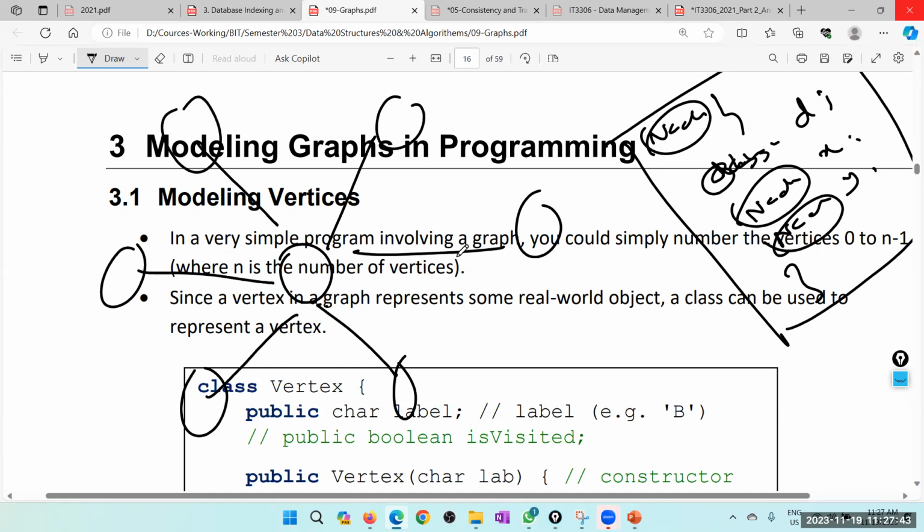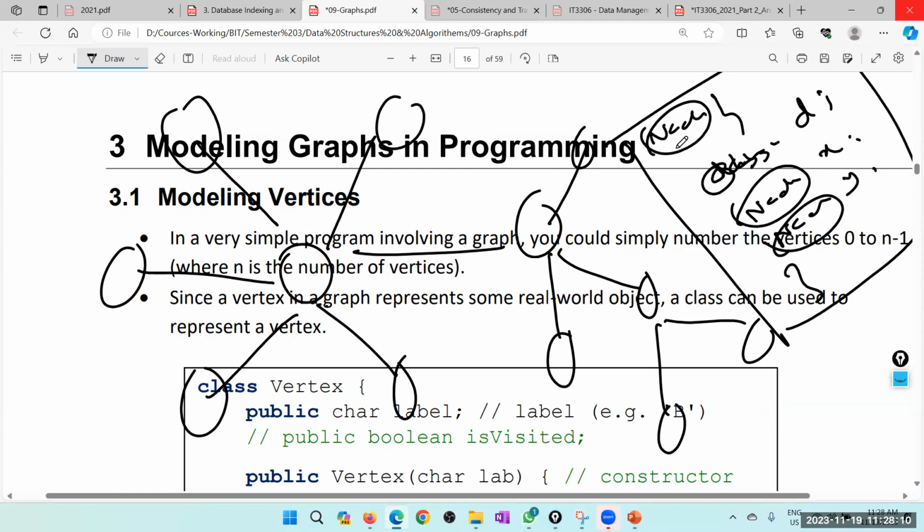Sometimes it can be 5. For another node, it can be 3. Another node, it can be 2. Another node, it can be 1. And so on. So therefore, we can't model like this. Of course, we can model like this, but that is not going to be very efficient or very general because the number of nodes varies from one node to the other.